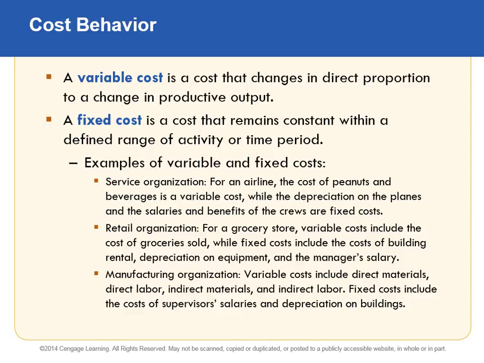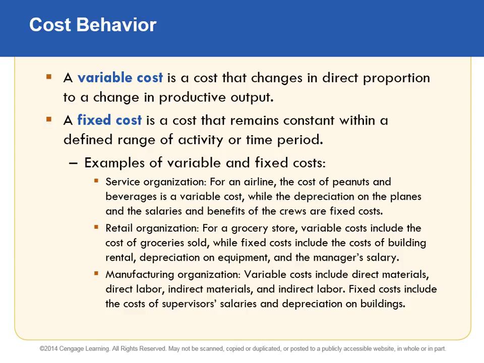Variable costs change in direct proportion to a change in product output. In this regard, the cost differs as a total. Variable costs differ as a total, but are constant per unit.